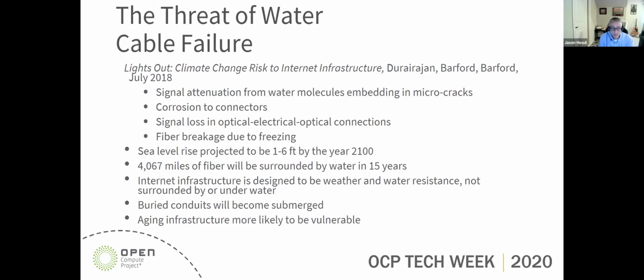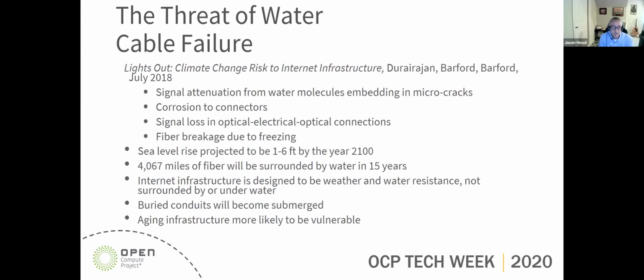This is a big one. We're working with a client right now who has discovered a lot of water infiltration into their fiber networks and outside plant. While the water can cause issues, the immediate short-term concern is that the water freezes and damages the fiber. So in these cases, we're being called in to help mitigate the water infiltration and reduce this threat.